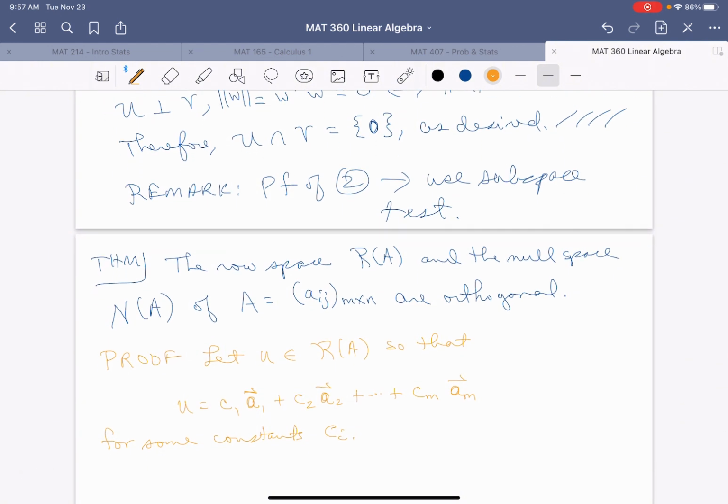So now let's pick a vector. Since it's from the null space, let's call it n. So here n is a vector, and this is from the null space of A, so that A times n is the zero vector.